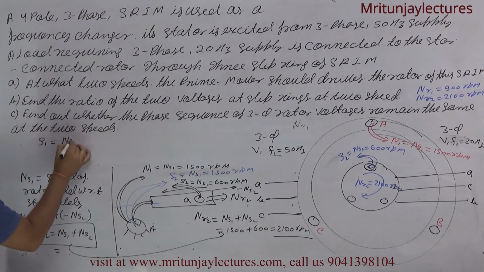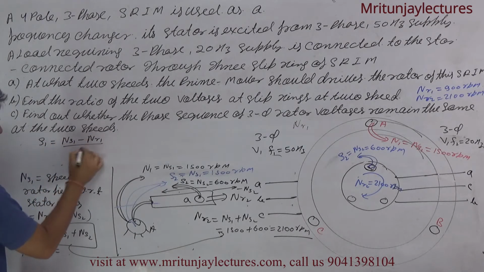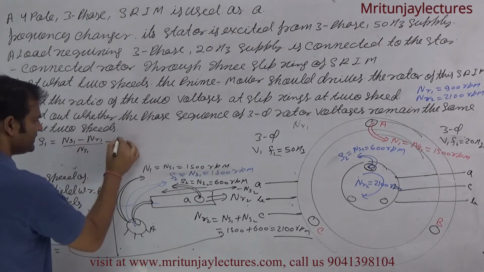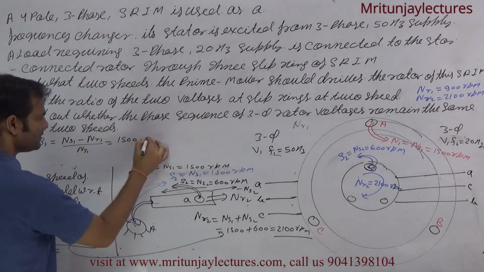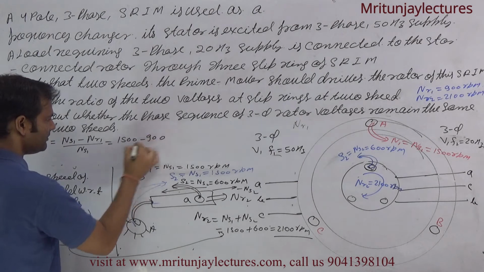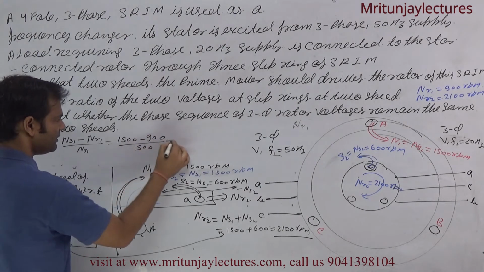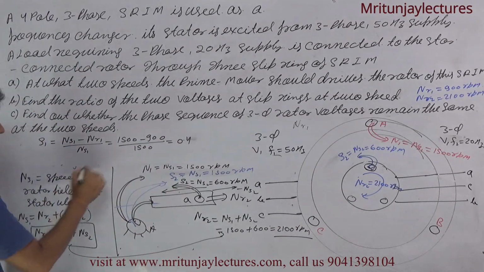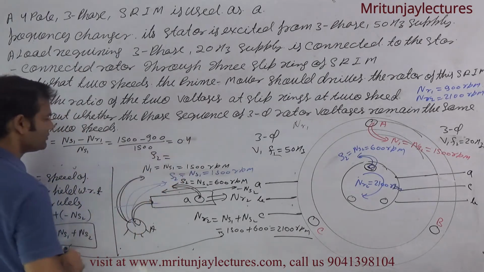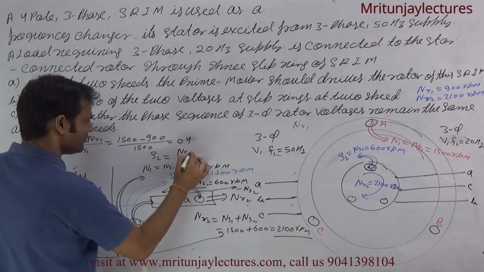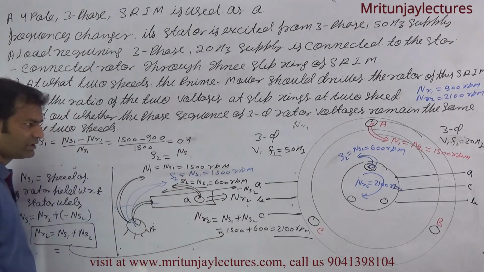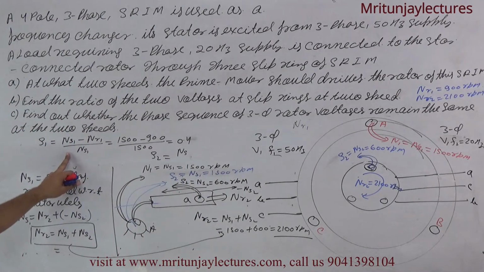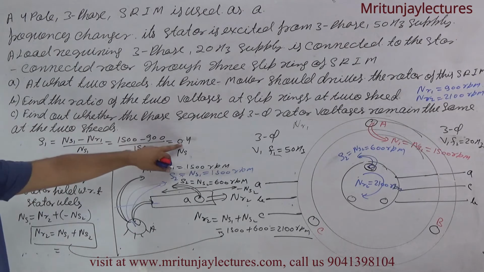S1 is NS1 minus NR1 divided by NS1, that is 1500 minus 900 divided by 1500, we get 0.4. And what about S2? If both fields are in the same direction, the slip is like this one.